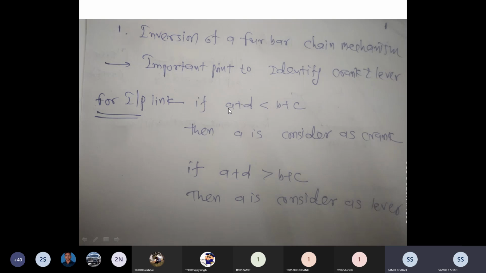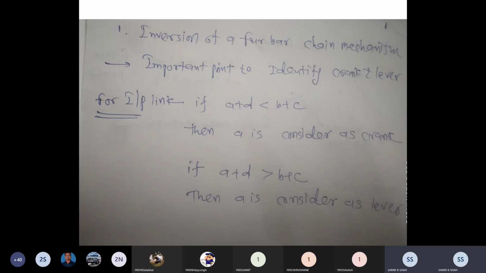So the summation of the first and last link, if it is less than the remaining two links, then A is considered as a crank. You remember this point. And if the opposite condition is there, meaning the summation is higher, then A is considered as a lever.